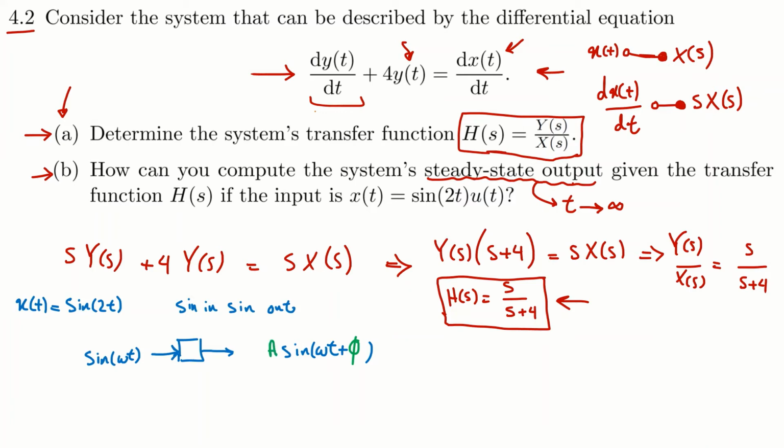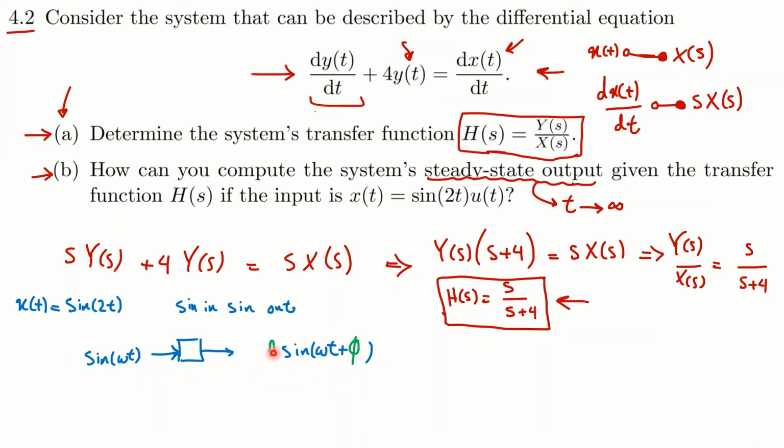So this is the output. Bear that in mind: in an LTI system, we have this sine in, sine out property. If the input is a sine signal, the output would also be a sine signal with the same frequency; only its amplitude and phase might be changed.